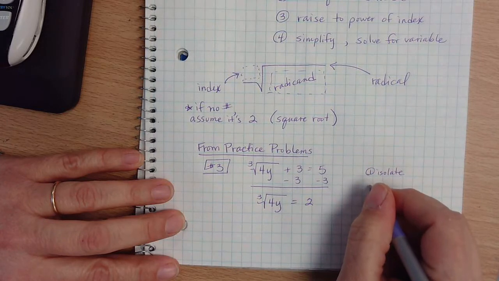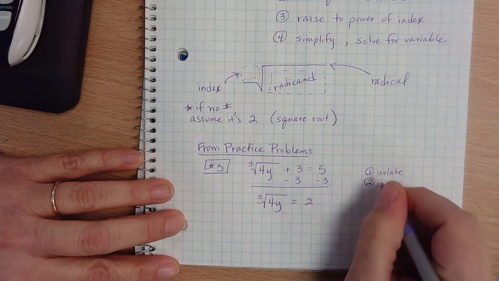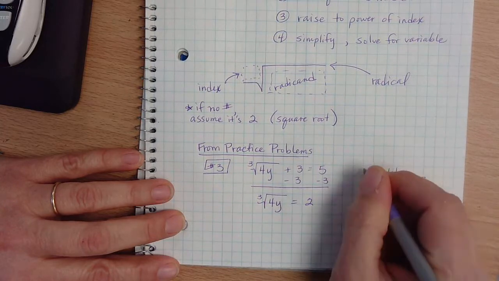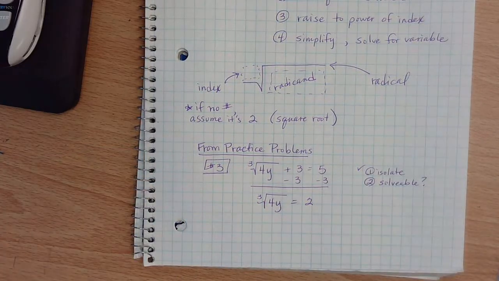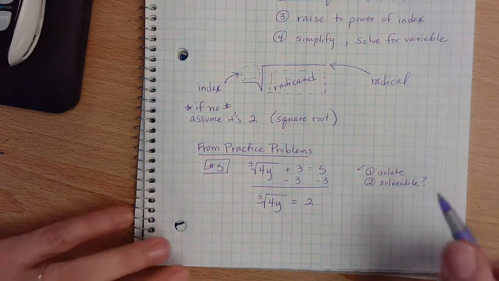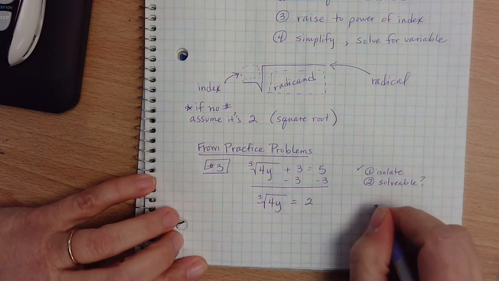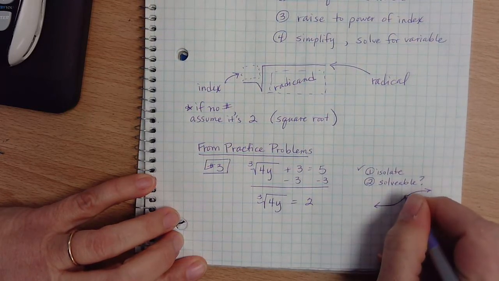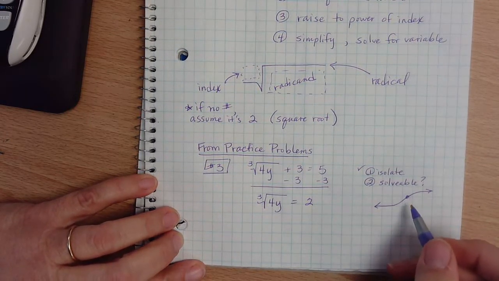Then I need to figure out, is this solvable? Once I'm isolated, I have a cube root. A cube root graph looks like this. Maybe a slightly different shape, but pretty much it looks like this.